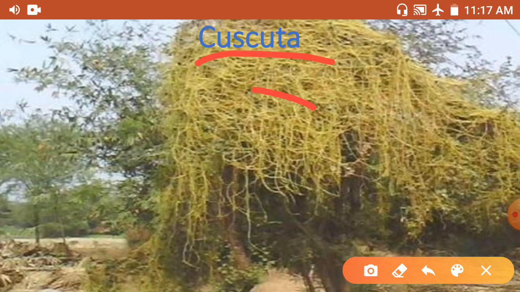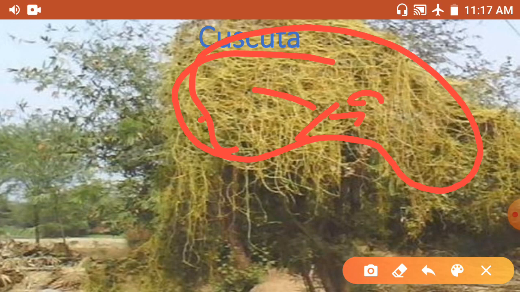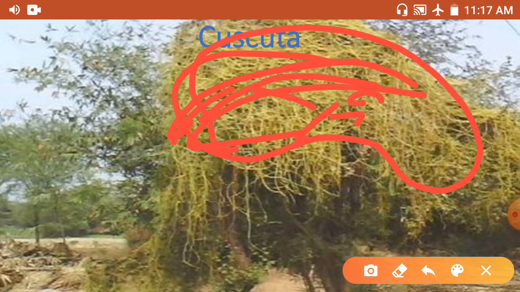These green-yellowish stems cover the whole tree, so they get nutrition from this plant. These are called parasites. The plant on which parasite plants survive is called the host.